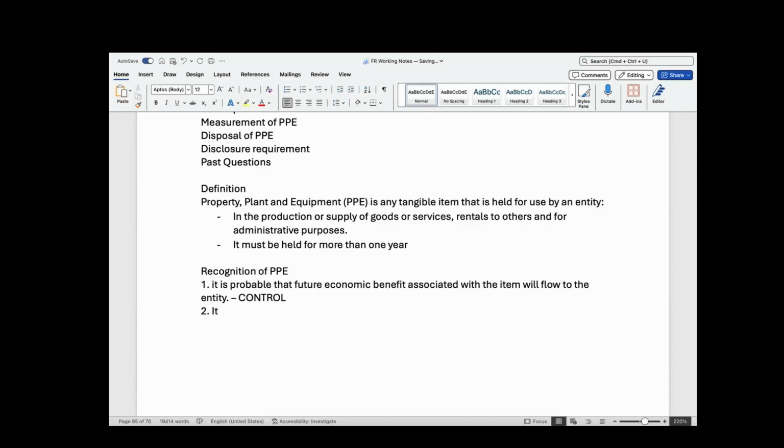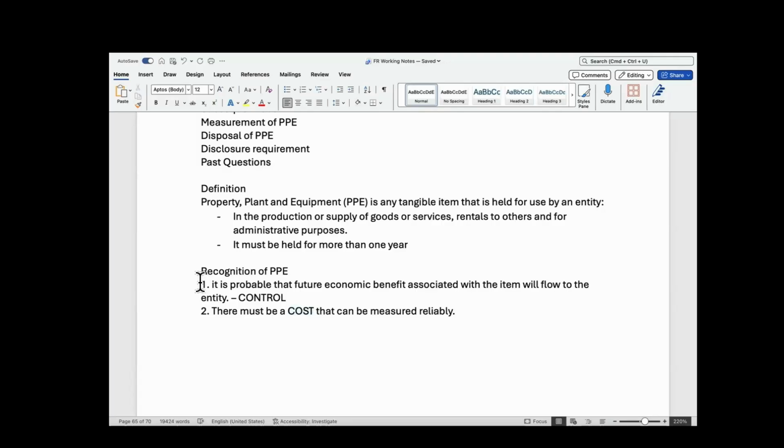Number two is that there must be a cost. There must be a cost that can be measured reliably. So the item in question must have a cost that you can measure reliably.